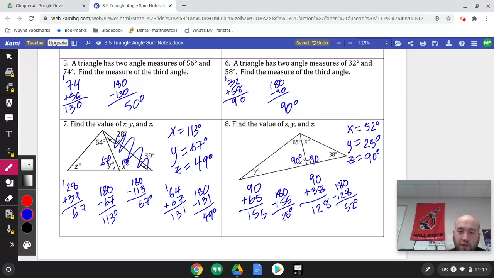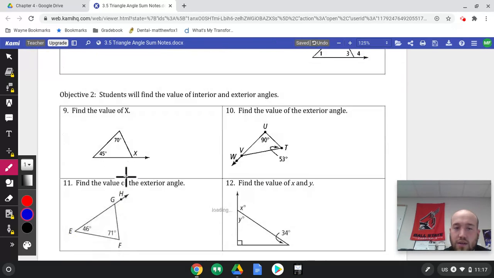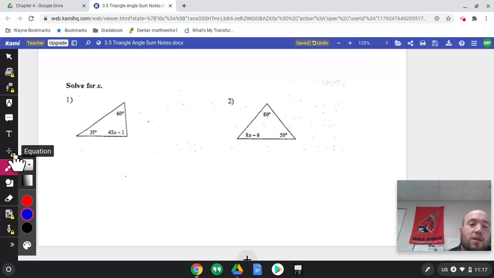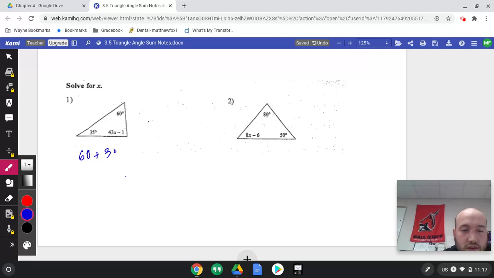The final thing I want to talk about today. There's one other type of situation where we're finding the angles of a triangle, and the only difference here is now we're solving for x. We know that all three of those angles add up to 180. So we're still going to set it up the same, except it's a little bit more of a lengthy problem. In the past, we just added those and subtracted from 180.